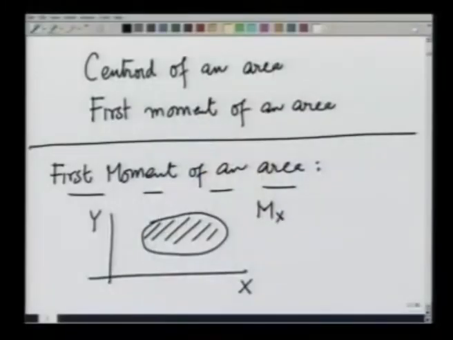I define the first moment of this area, Mx, about the x axis as summation y_i delta A_i, where delta A_i is a small area here at a distance of y_i from the x axis.